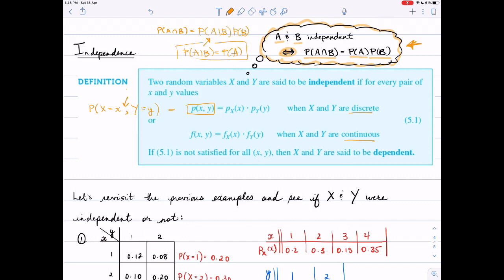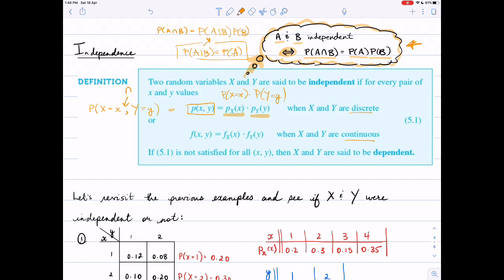So if that is "and", we are using exactly this rule up here, multiplying the probability that X equals x, the marginal PMF of X, and the probability that Y is equal to y, the marginal PMF of Y.